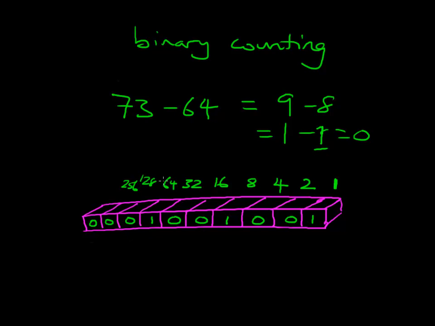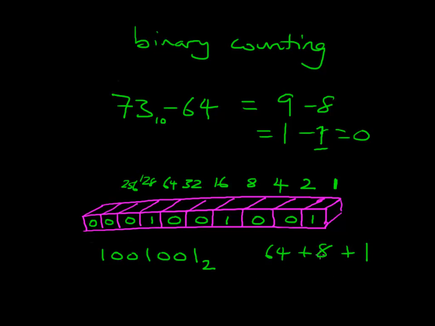So if we just look at what we're doing and double check, we started off with 73 in base 10, and we've got the number which is 1001001, which is in base 2. And so let's just double check. We've got 1 64, we've got 1 8, and we've got 1 1.